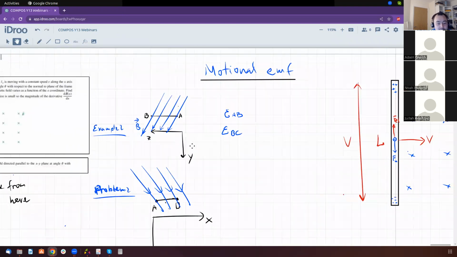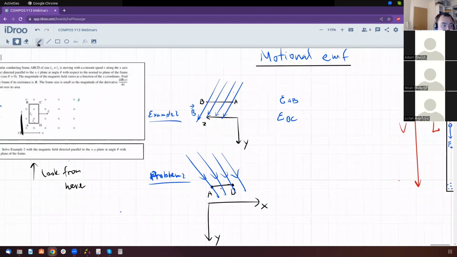So there will be an EMF induced in each of the rods. Well, two of them actually. We'll see AB, BC, EMF induced in CD, and EMF induced in DA.